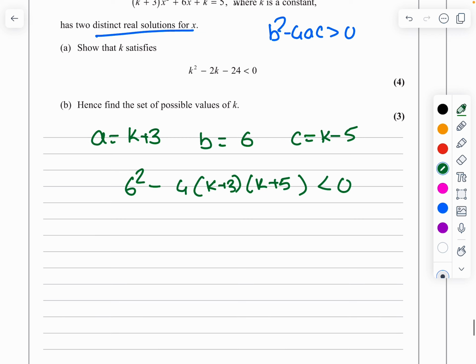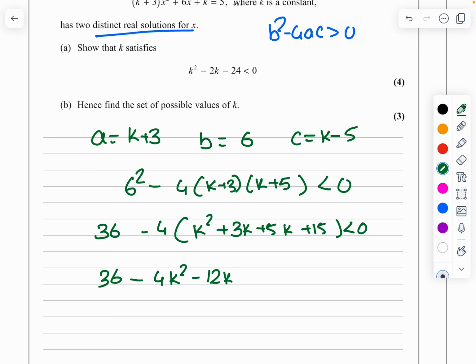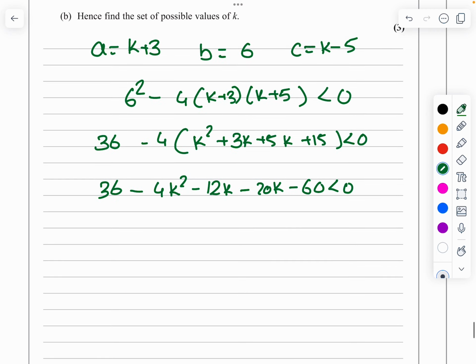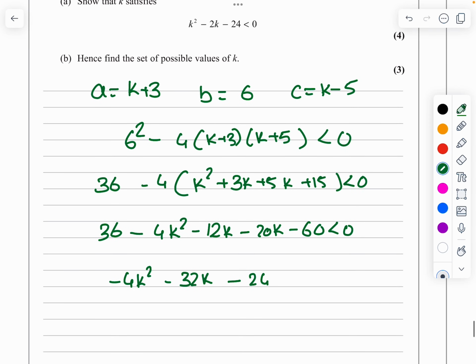So 36 minus 4 times k square plus 3k plus 5k plus 15 is less than 0. 36 minus 4k square minus 12k minus 20k minus 60 is less than 0. So negative 4k square minus 32k minus 24 is less than 0.